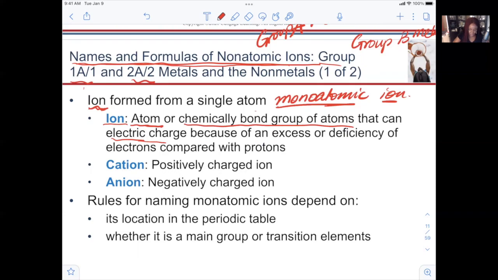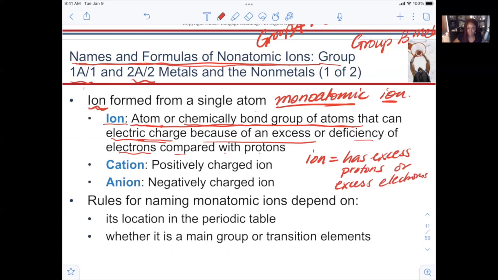An ion is an atom or chemically bonded group of atoms that can be electrically charged because of an excess or deficiency of electrons compared with protons. Wow, a very interesting definition. What they're saying here is an ion essentially has excess protons or excess electrons.